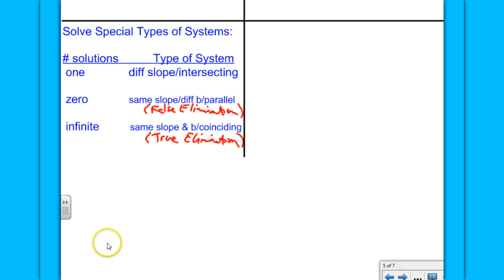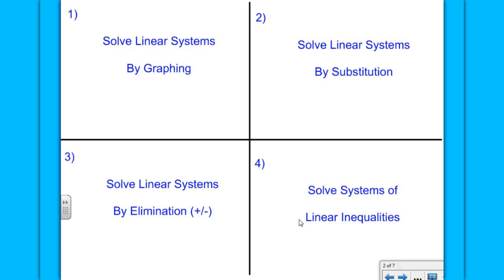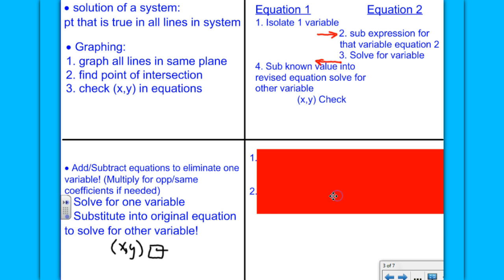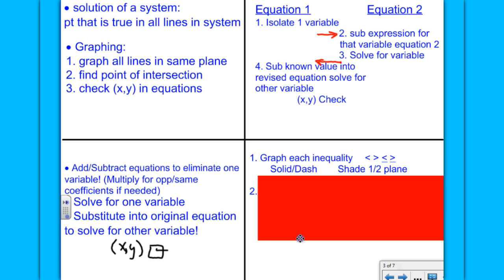We eliminated everything. Finally, we solve systems not of equations, but of inequalities. Systems of inequalities. So how does one solve a system of inequalities? You graph each. Don't forget solid or dashed lines and shading.